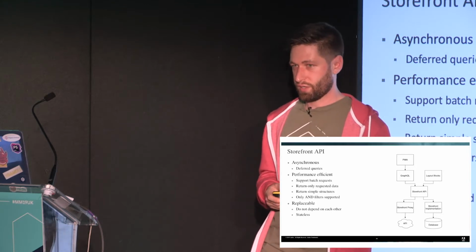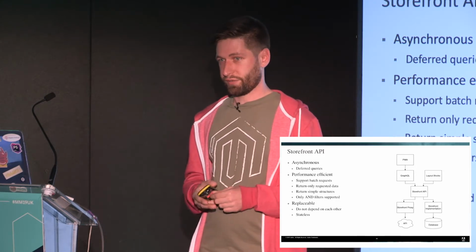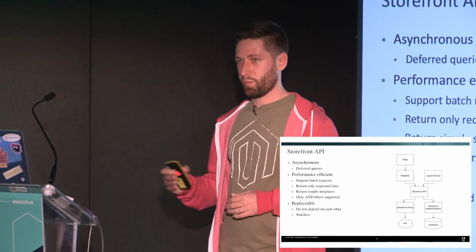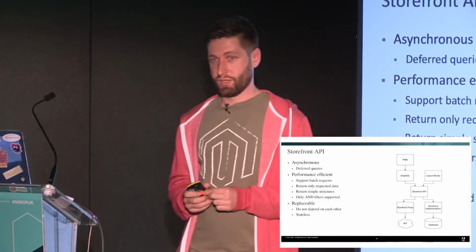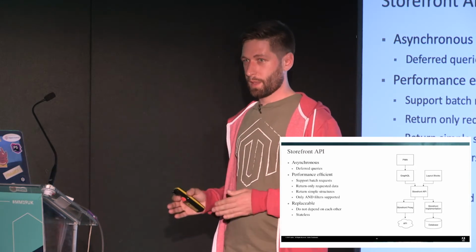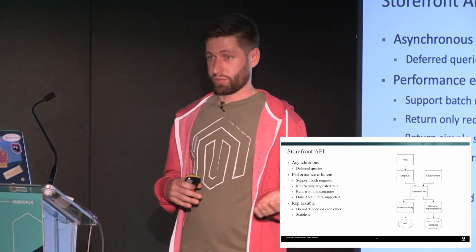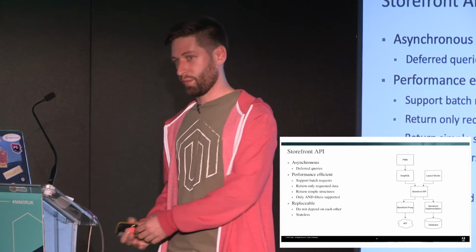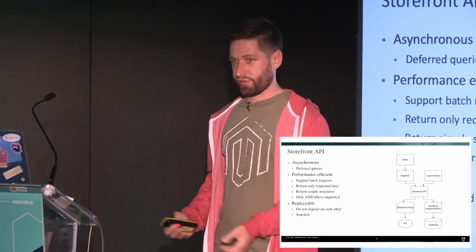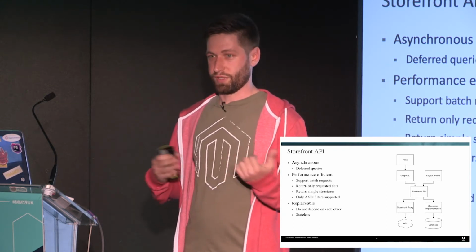And these Storefront APIs are going to be implemented in a stateless and completely replaceable way. So they will be independent from each other, and they will not work with deep trees of information. So for example, the price API will return only price. Product API will return only product information without subsequent information, like if the product contains attributes and additional information, that may be separated to another API.